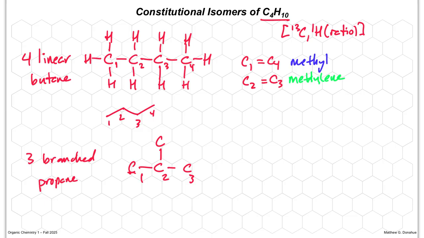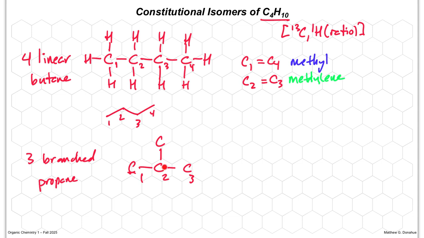Again, the way things are drawn might appear to trick you, but you have to look at the connectivity. Carbon 2 has 1, 2, 3 carbons bonded to it. All of those carbons have how many attached hydrogens? 3.